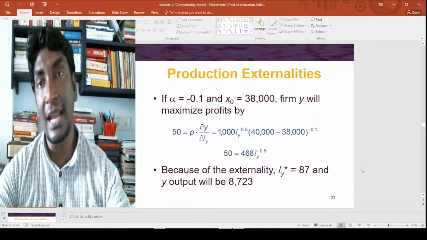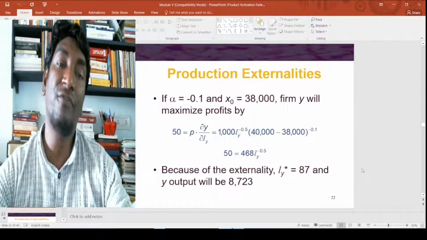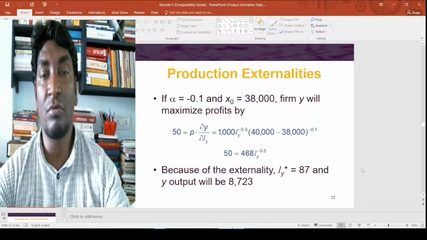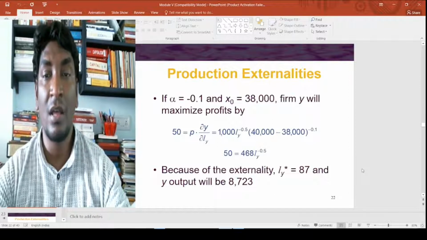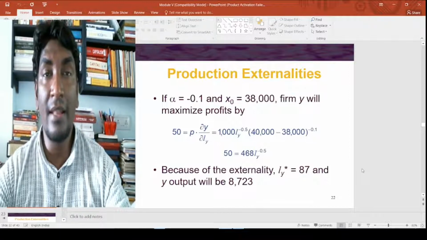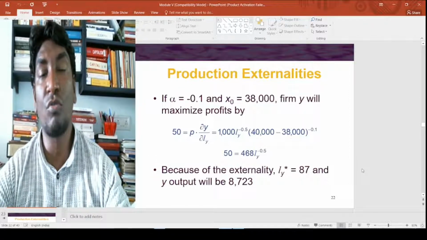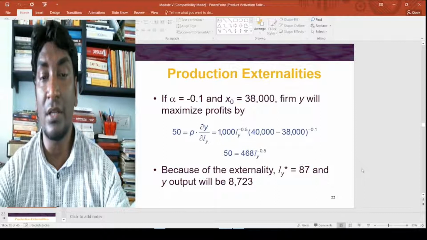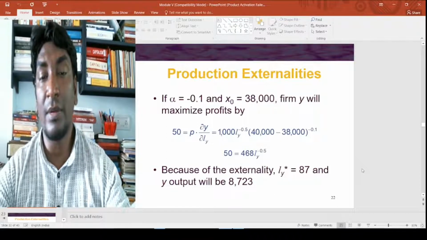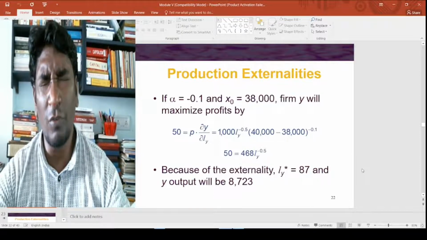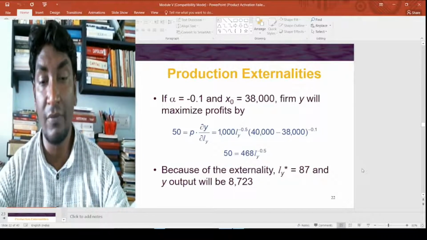Now, if there is no externality, then this is the case. If alpha is equal to minus 0.1 and x0 is equal to 38,000, firm Y will maximize profit in that context. So let's calculate: 50 is equal to P times dou Y by dou Ly, which is 10,000 Ly to the power of minus 0.5 times 40,000 minus 38,000, that is the difference.